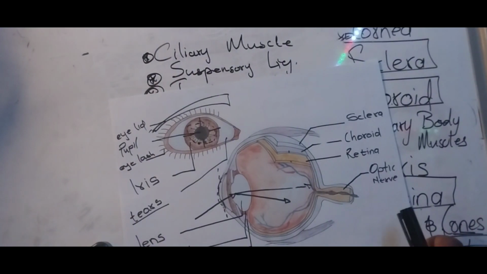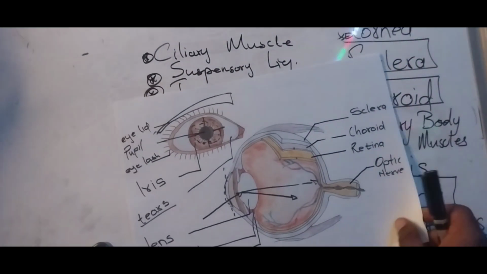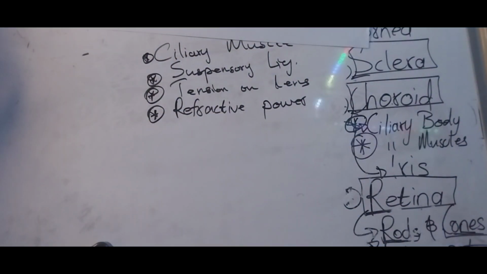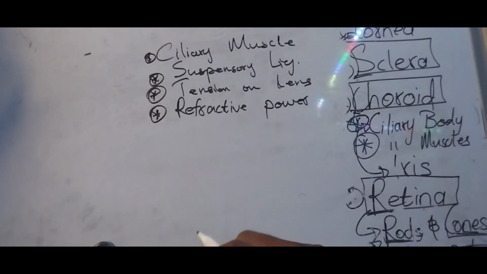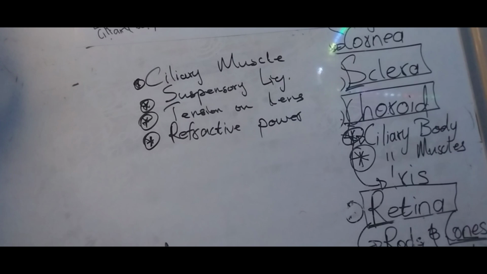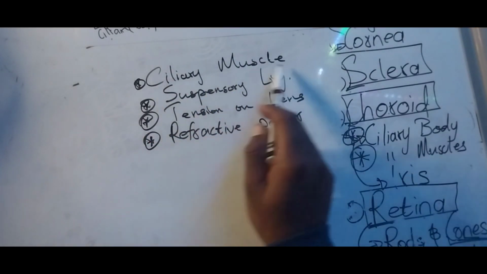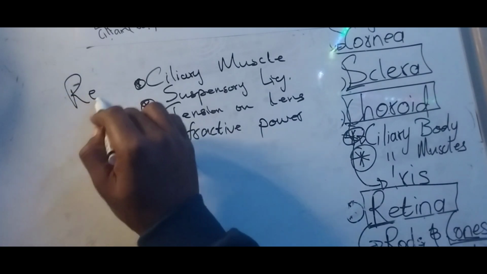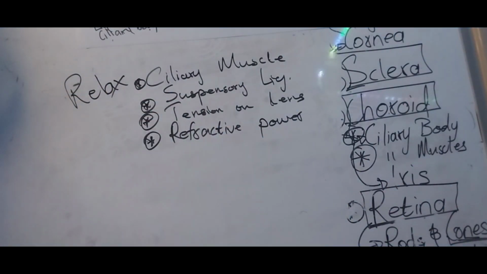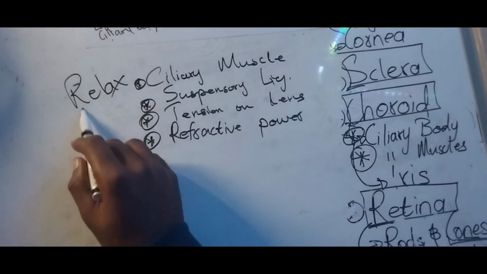So let's say we are viewing an object in the distance. The object is far, far away from us. When the object is far away, the simple things that happen are that the ciliary muscle is going to relax, and the suspensory ligaments become taut or tight.